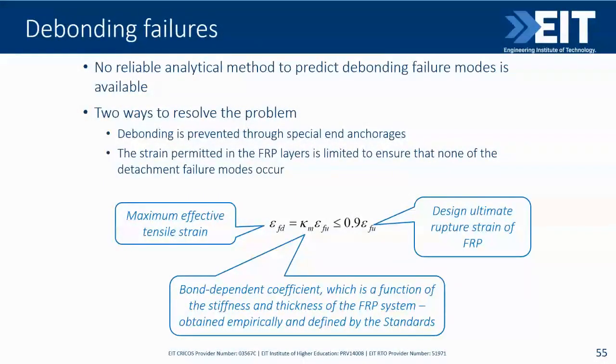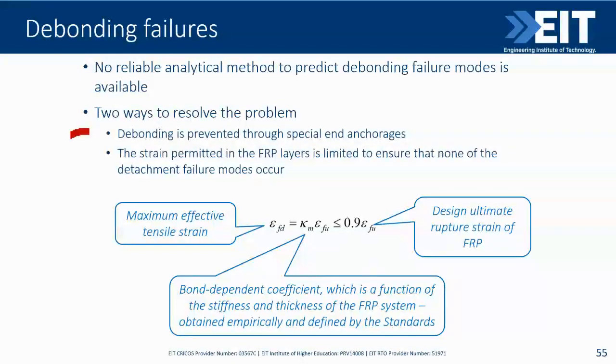So no reliable analytical method to predict the debonding failure is available. There are some models around, and experimental observations and so on. So instead, the American Concrete Institute guide, the American standard, proposes two ways.